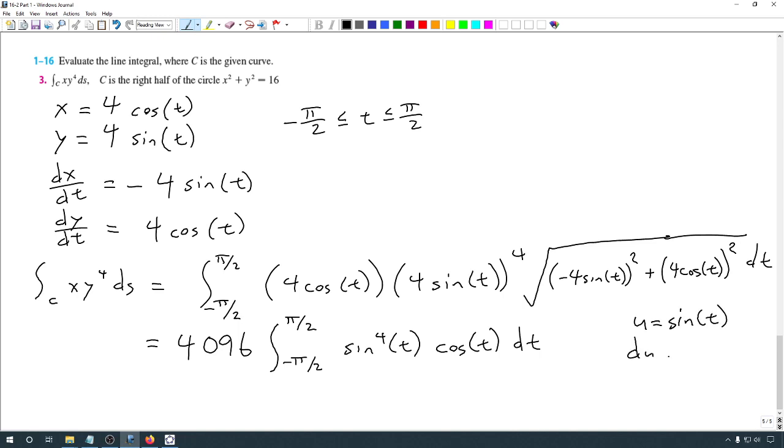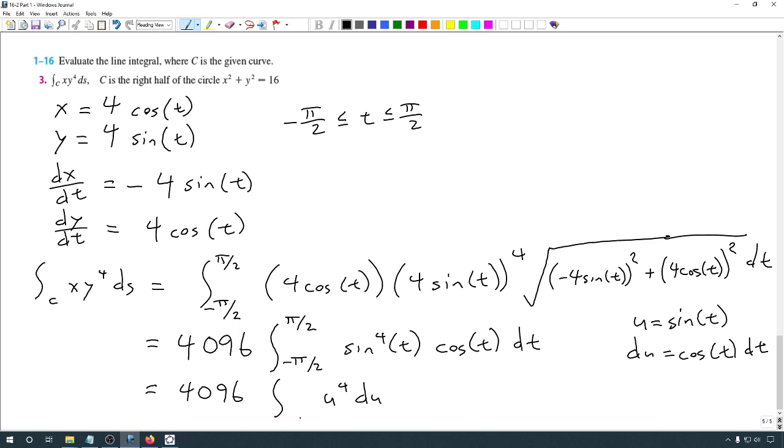That means that du is cosine t dt. So really, we're just taking the integral of u to the 4th, and we get to plug in negative pi over 2 to pi over 2 into the sine.